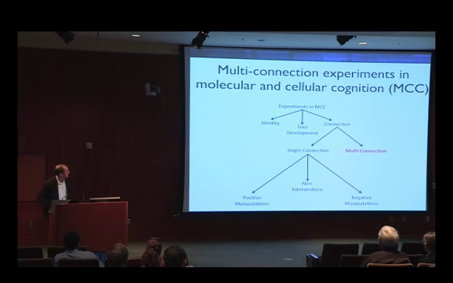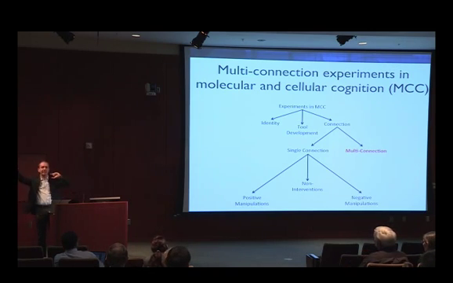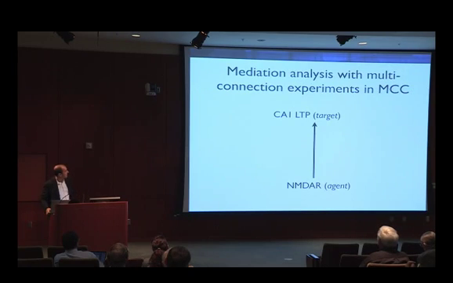Now, it turns out that besides single connection experiments, you also have multi-connection experiments. So these are experiments where you don't just have A and B. You have A, B, and then C, where you manipulate A and B and then you look at C, for example. Okay? In this case, they're slightly different, but the idea essentially is that in single connection experiments, you have a single agent and then a target.